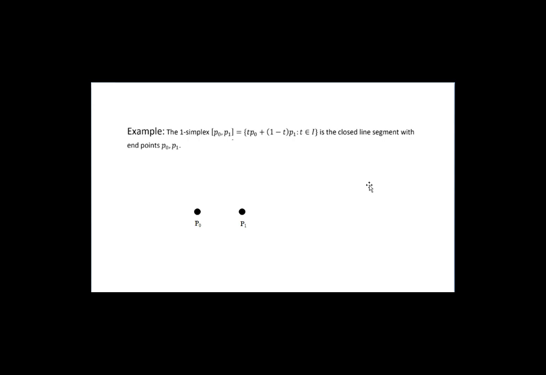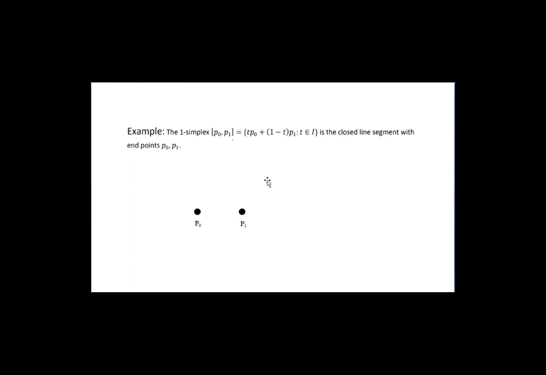Similarly, if we increase the number of points, like consider 2 points, p naught and p1, it is known as a one simplex, and it is actually a set that we have already discussed, because the convex set spanned by these 2 points will look like this, and it is actually the closed line segment with the endpoints p0, p1.